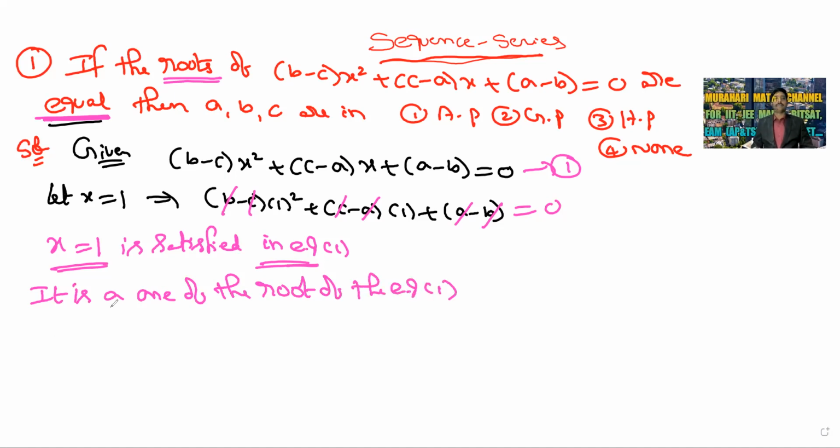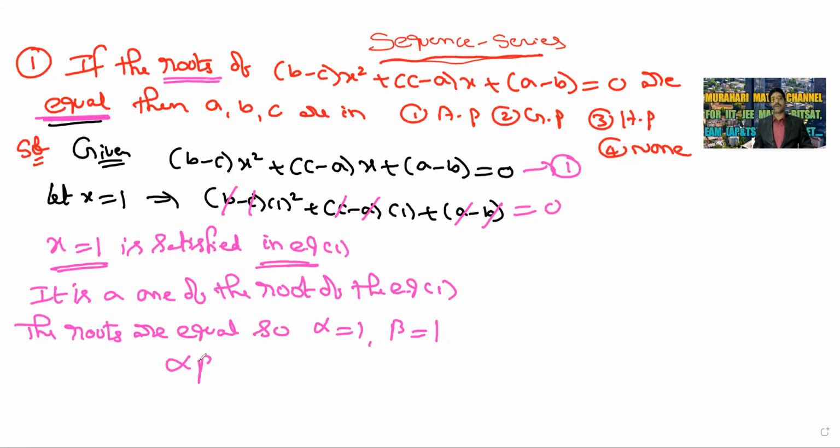But in the statement, the roots are equal. So one root is 1, second root is also 1. So alpha is equal to 1, beta is also 1.